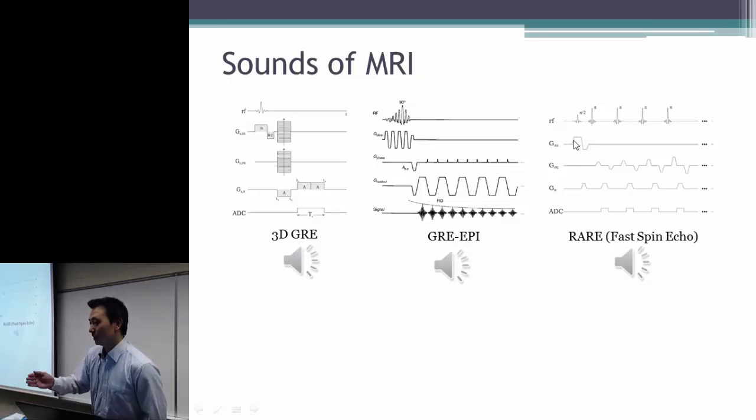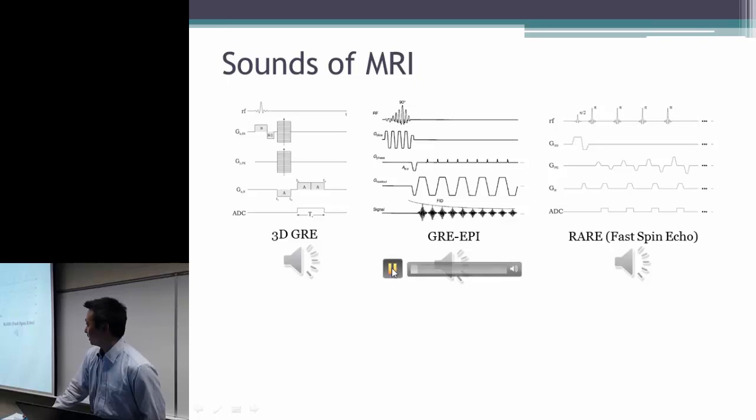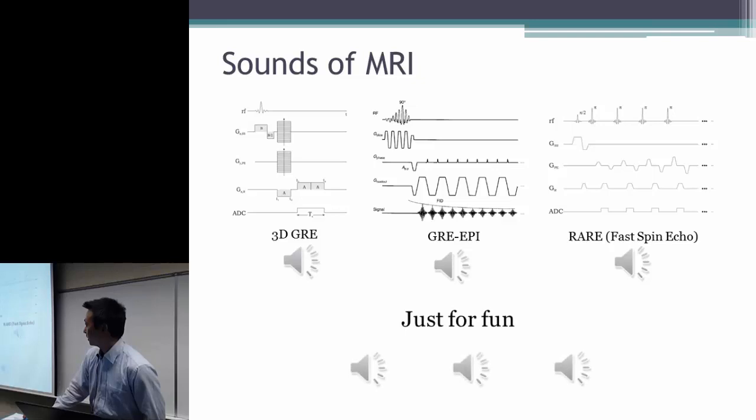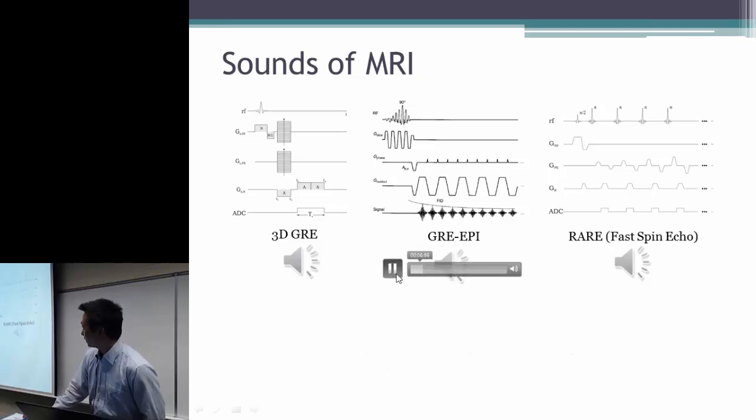So when you hear da da da da da, this interval is the interval between the different excitations, but then you can hear that the sound is very high pitched, right? So that high pitch part is caused by this readout.